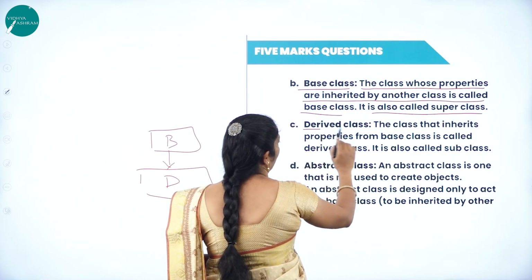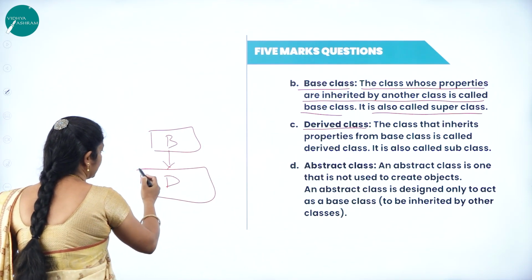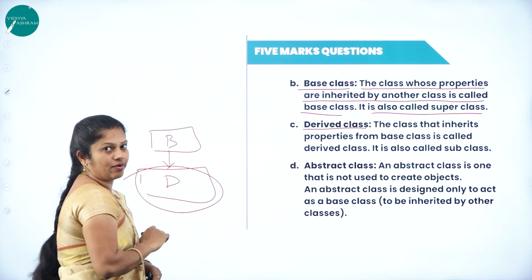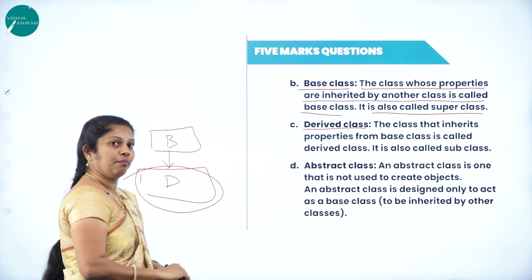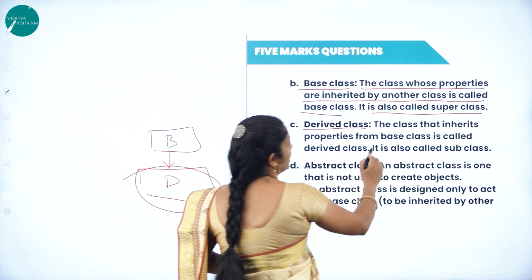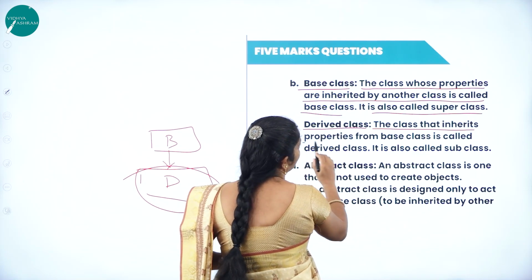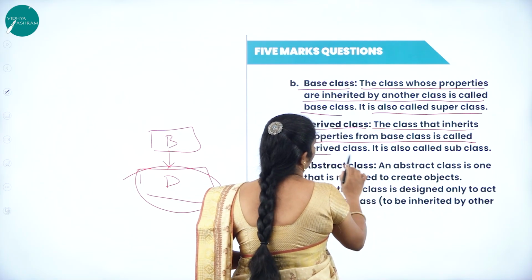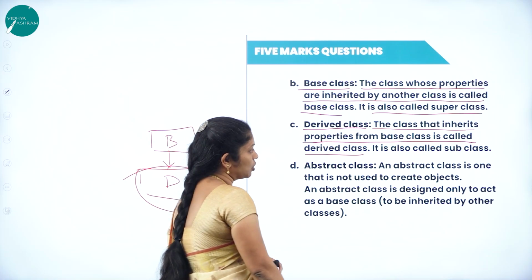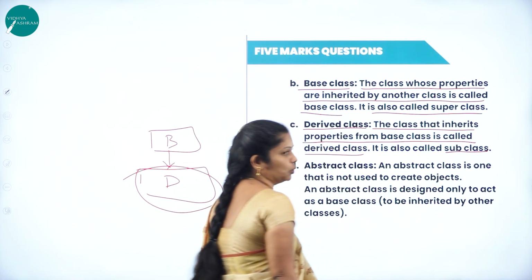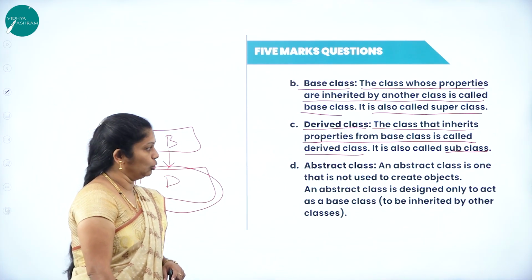The next one is the derived class. The new class is called the derived class. It inherits the properties from the base class. The class that inherits properties from the base class is called the derived class, and it is also called a subclass.